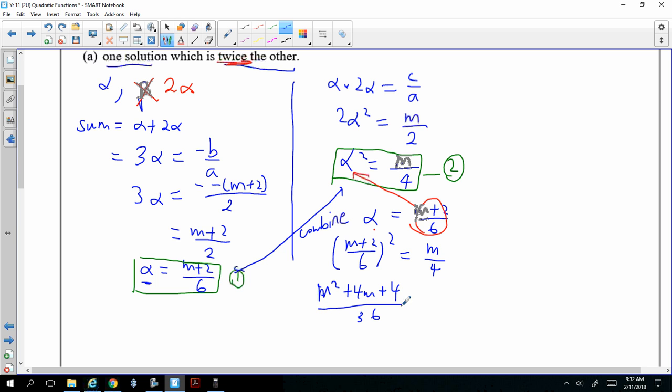And then you cross out the 36, cross out the 4 and the 36, you get 9. Yeah. And you get m squared plus 4m plus 4 equal to 9m.